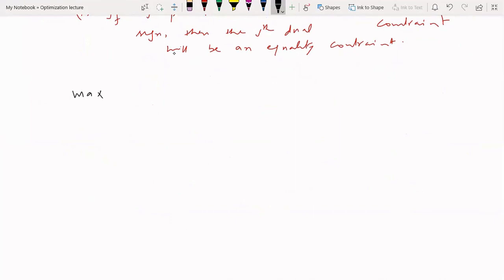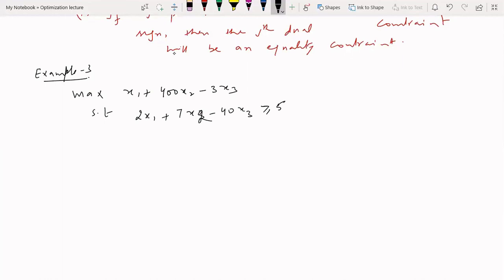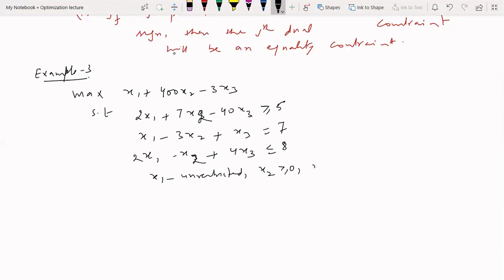I have a problem: maximize x1 plus 400x2 minus 3x3, subject to 2x1 plus 7x2 minus 40x3 greater than or equal to 5, then x1 minus 3x2 plus x3 equal to 7, then 2x1 minus x2 plus 4x3 less than or equal to 8, with x1 unrestricted, x2 greater than or equal to 0, and x3 less than or equal to 0. So I have a primal problem where we have all kinds of possible violations.